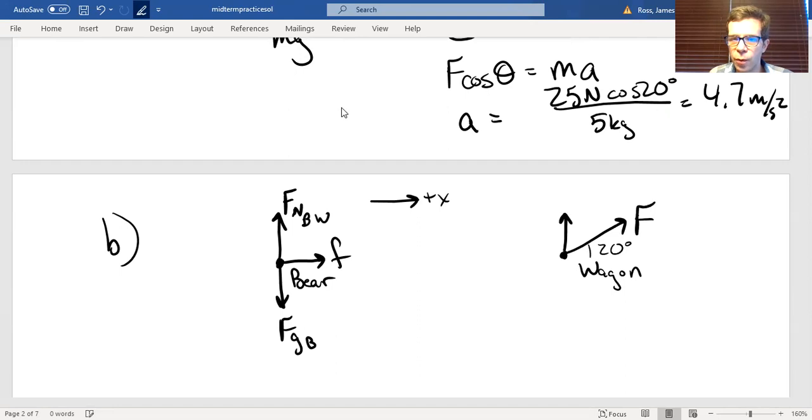We have the normal force on the wagon due to the earth, or the ground, let's say ground. And we have a normal force on the wagon due to the bear. And we have the force of gravity on the wagon.